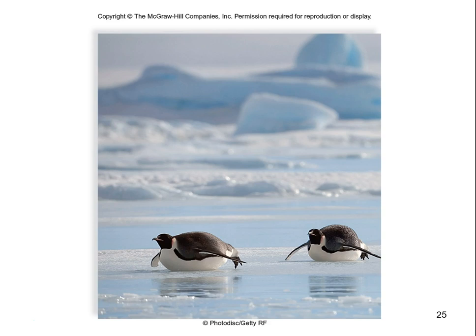And it talks about a behavioral adaptation, what it's showing you there in terms of them being able to slide on the ice. They have this slippery kind of surface skin that repels water. They're able to slide pretty efficiently on the ice. If they tried to walk and waddle, that would require a ridiculous amount of energy. And so this is a behavioral adaptation for the penguin. So that's an example there.